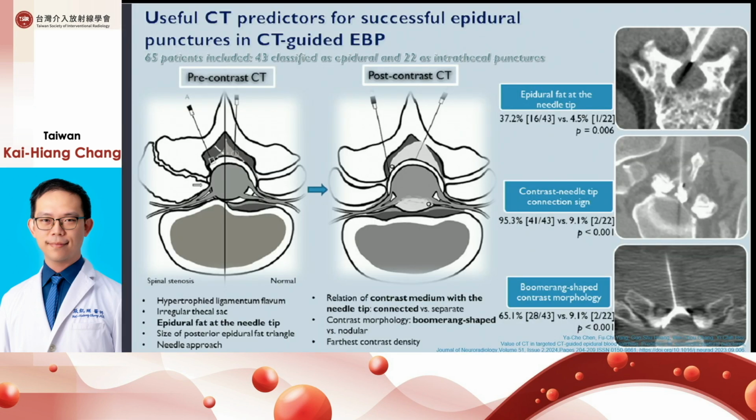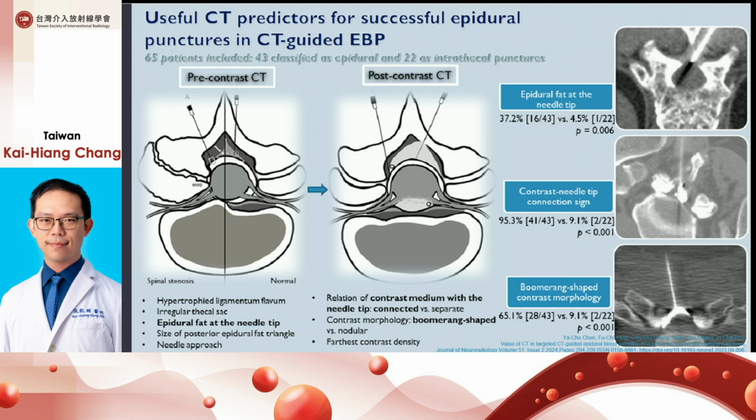Next, how do we exactly know where the needle tip is? This illustration comes from a published paper, also by our team. We look for a triangular fatty plane over the dorsal epidural space, just beneath the ligamentum flavum.